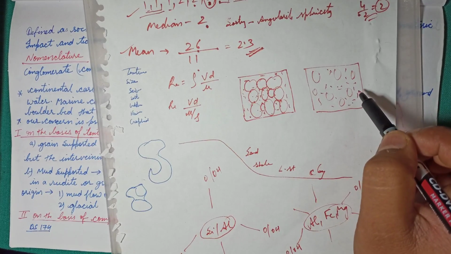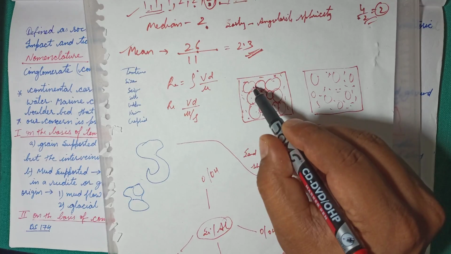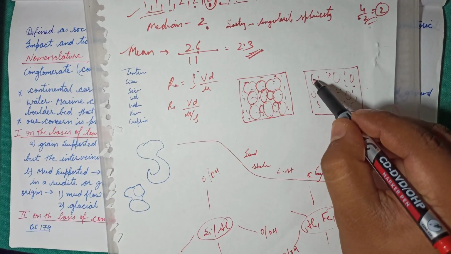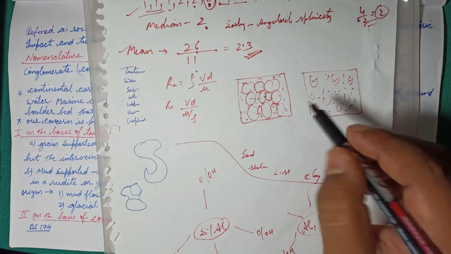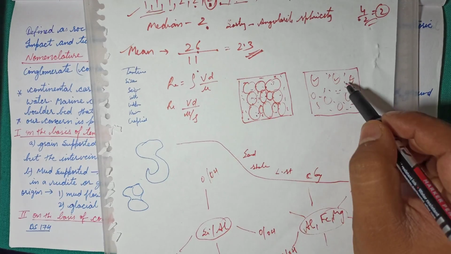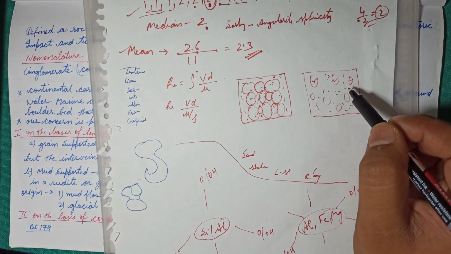So these are grain supported, meaning the framework is supported by these grains, but here the framework is not supported by these grains because they are not in contact with them. If they are in contact, they are known as grain supported, and if they are not in contact, they are known as mud supported. This is the simple definition.